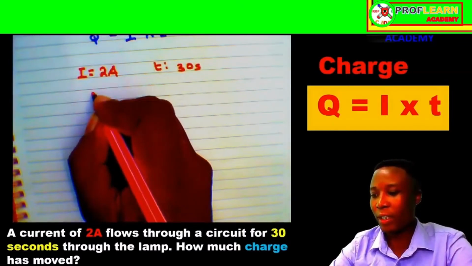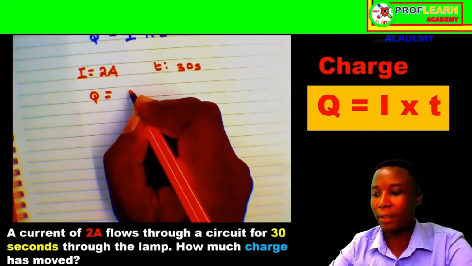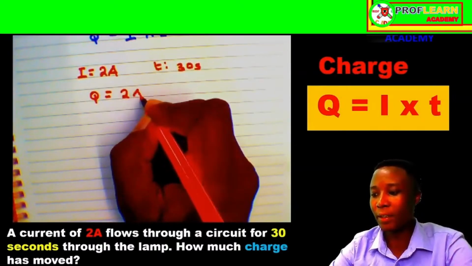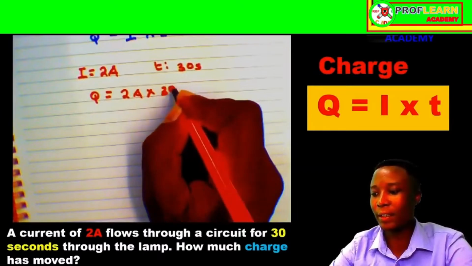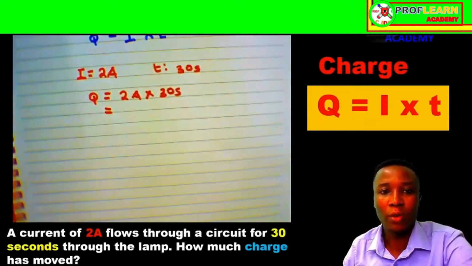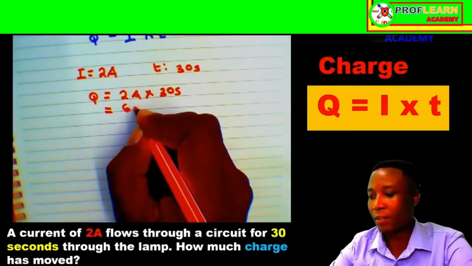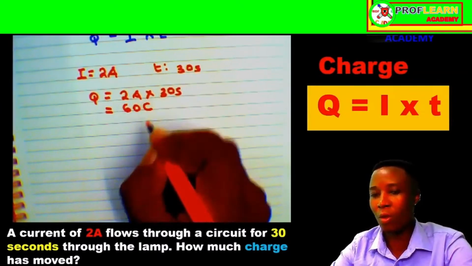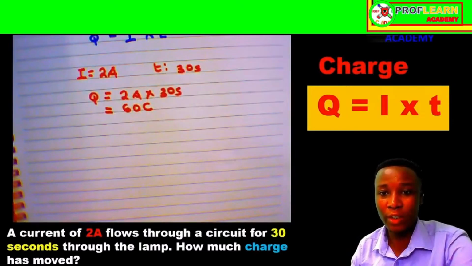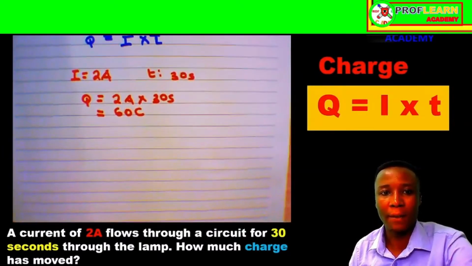So charge will be equal to the current, 2 amperes, times the time, 30 seconds. If we work this out, we get our answer as 60 coulombs. The unit for charge is coulombs, which is denoted by the letter C.